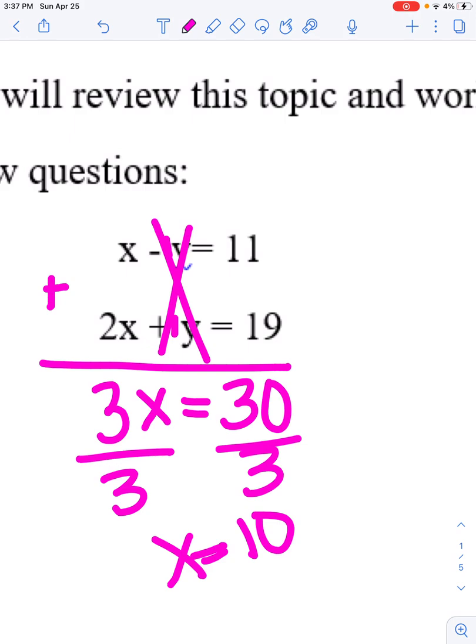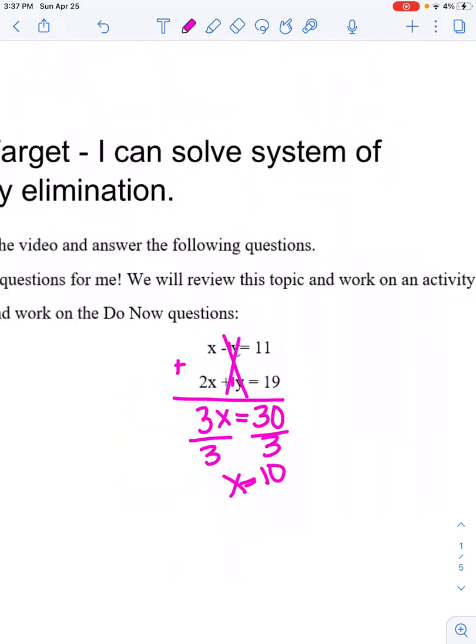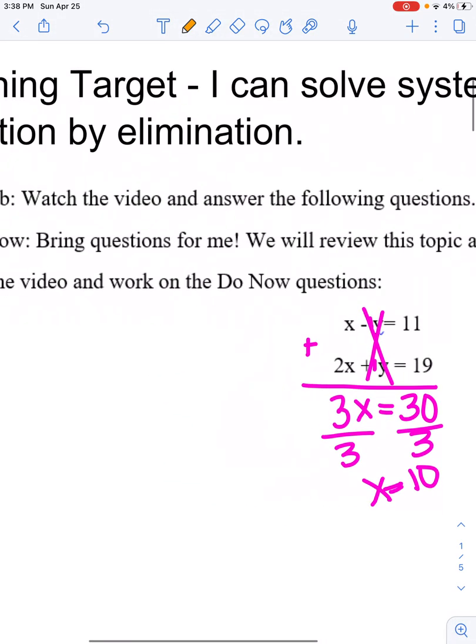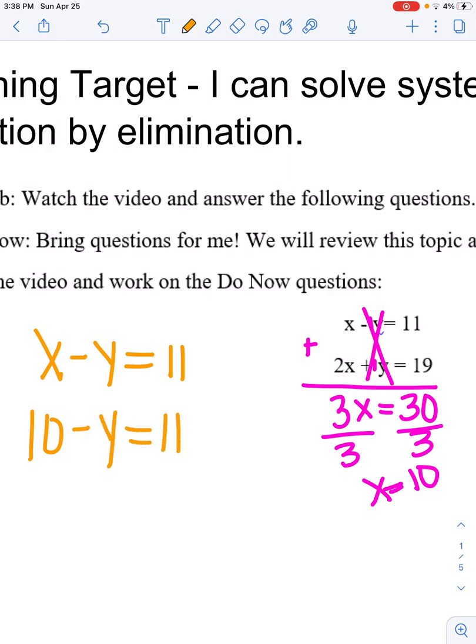Okay? So we determined which variable we wanted to eliminate. We solved for x. Now I'm going to take x and I'm going to plug it back into one of my equations. I'm just going to do the first one. And here I'm solving for y.